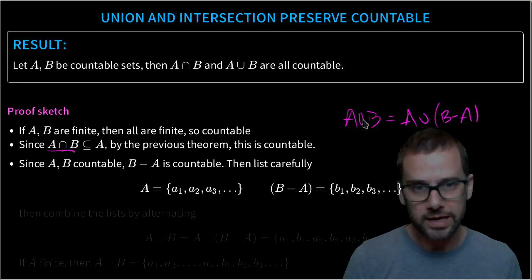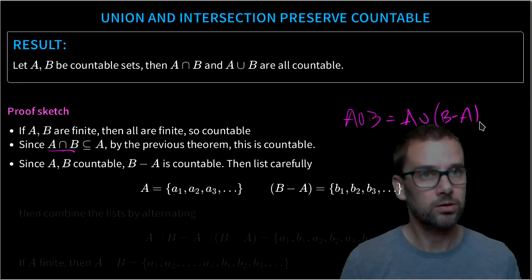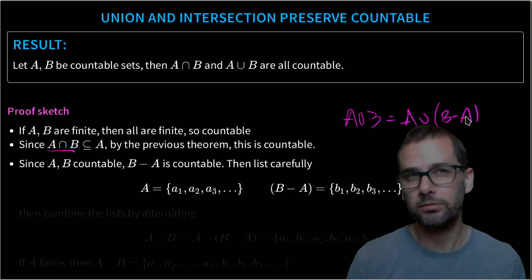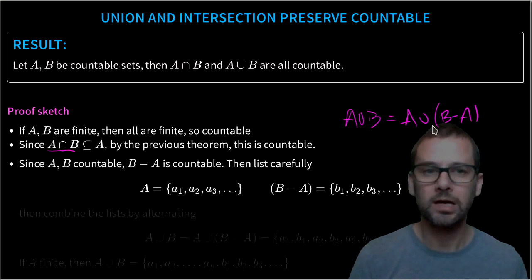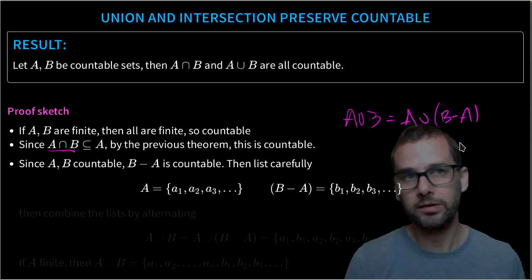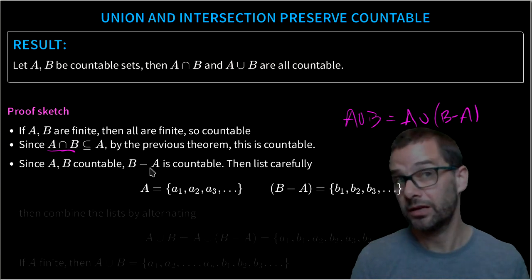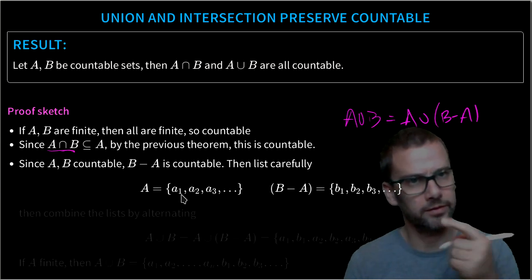The elements in this union must either be in A or in B but not A. So I'm just being careful here. By writing things this way, I can list out elements of A and elements of B that are not in A, so that I don't repeat anything. A is countable, and B minus A is countable because it's a subset of B, and B is countable by the previous theorem.